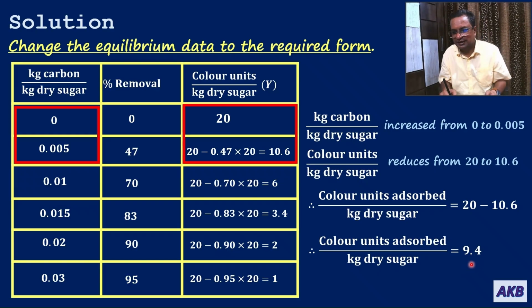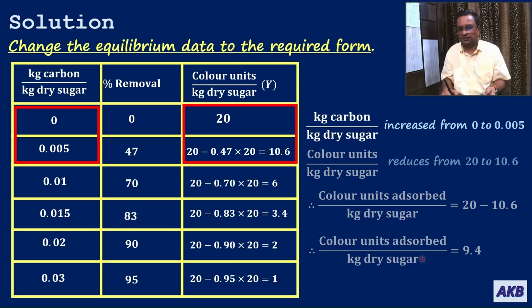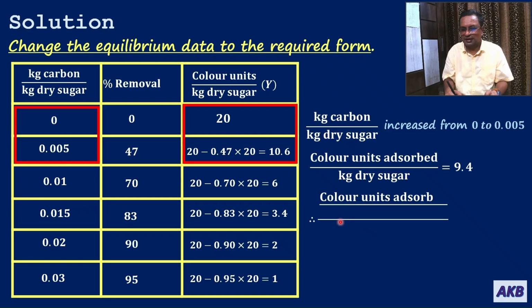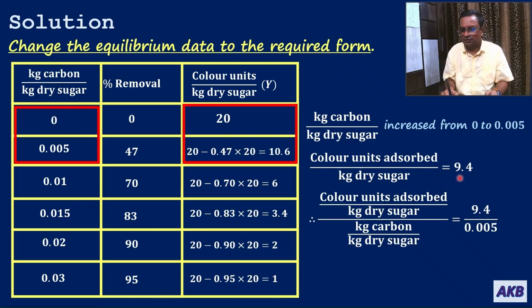So I hope you are understanding this. Now let us continue. You have color units adsorbed per kg dry sugar for this row. Color units adsorbed per kg dry sugar is 9.4. Now this is achieved when you add 0.005 kg of carbon per kg dry sugar. So I can take this ratio: color units adsorbed per kg dry sugar, which is 9.4, divided by kg carbon per kg dry sugar, which is 0.005 in this case.